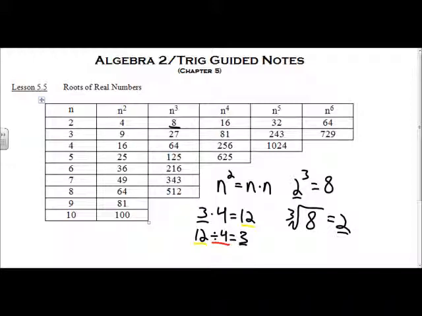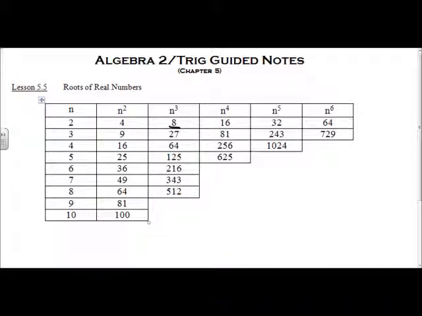So that's what's called the inverse operation. The inverse of cubing a number would be taking the cubic root. Similarly, we have squaring. The inverse would be the square root.